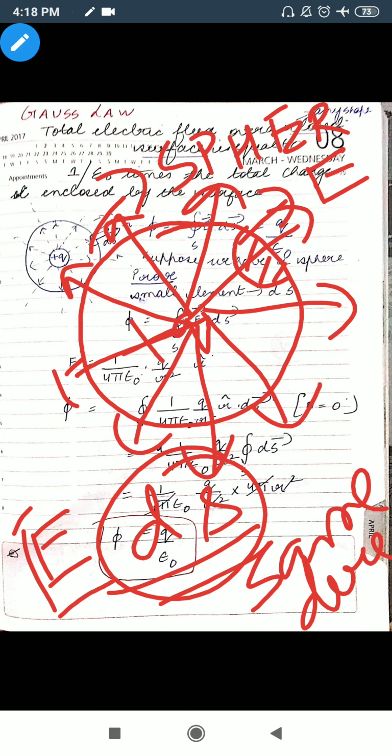So now if I put all these values here, I know that flux over a closed surface is the integral of E vector dot ds vector. Now if I open this dot product, it is E ds cos 0 because both are in the same direction. E and ds are in the same direction. So now if I integrate it, it becomes the integral of E ds.